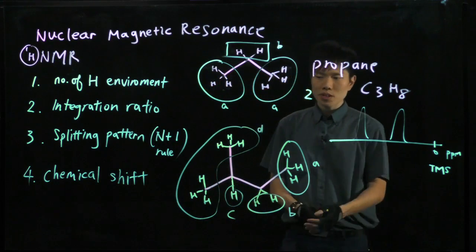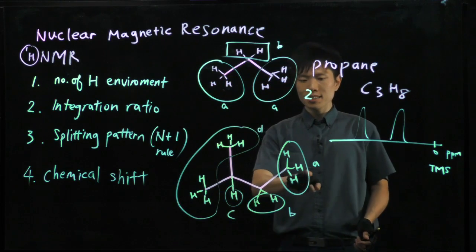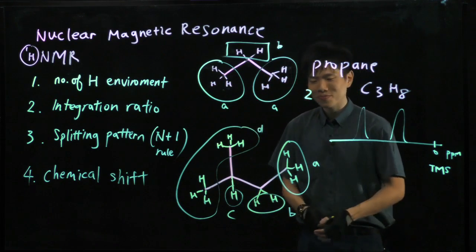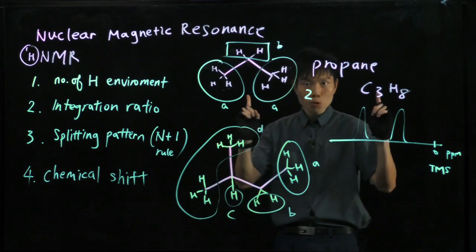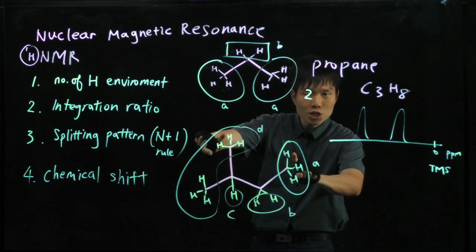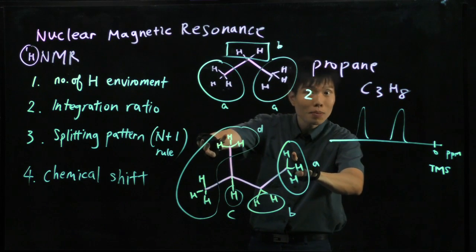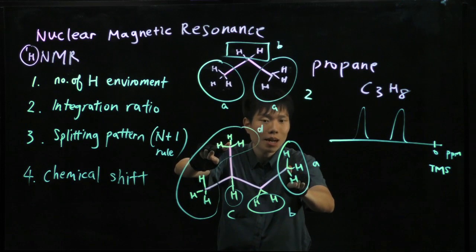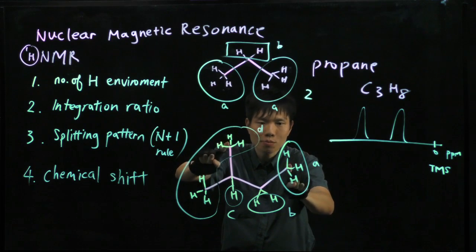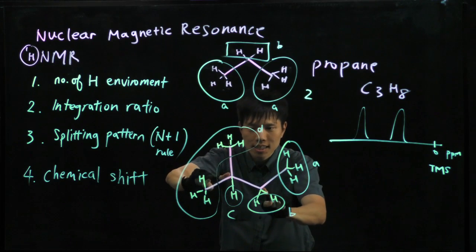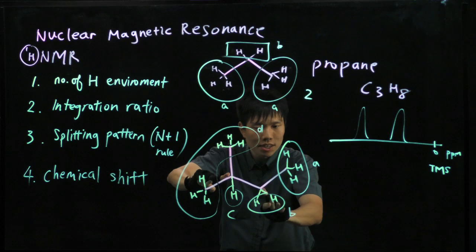Now, one question. Some people may think, hey, isn't A the same as D? Let's do some verification. Again, suppose they are the same. So you use a finger and start with the H's on both sides. Bond by bond. Let's go. Okay, one bond, yes, I'm reaching a carbon that has 2 other protons. This works fine. So I go one more. All right, so look at my right finger.